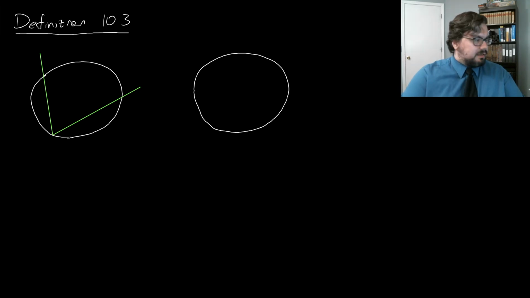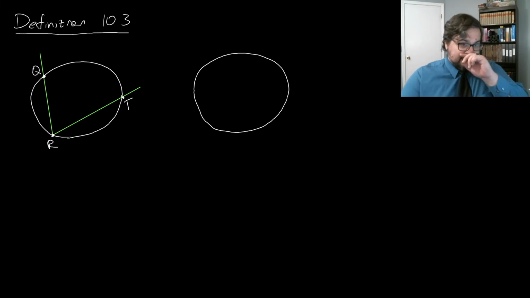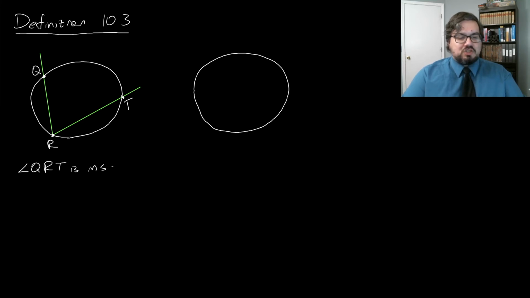We'll have Q, R, and T, and we'll talk about angle QRT. And we'll say that angle QRT is inscribed in the arc QRT.